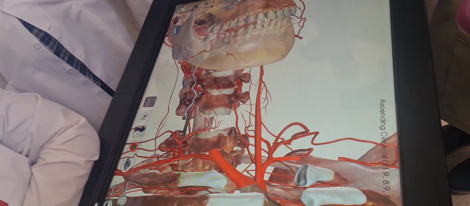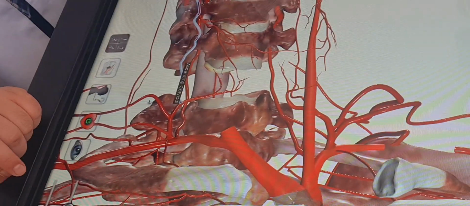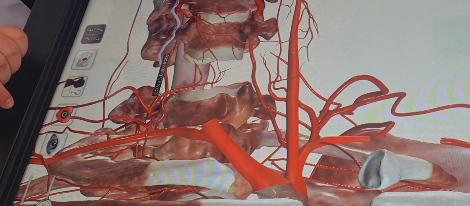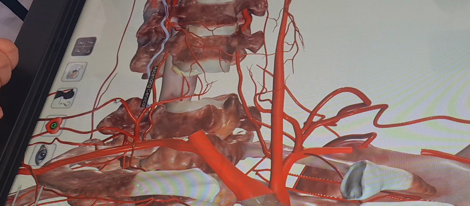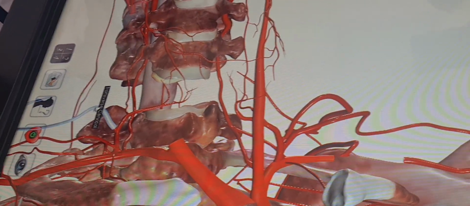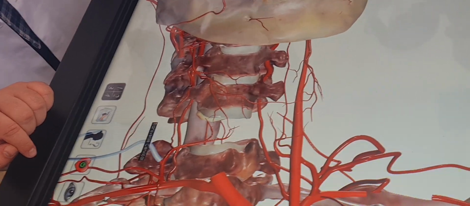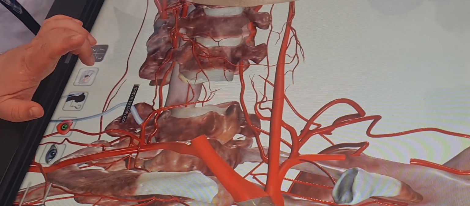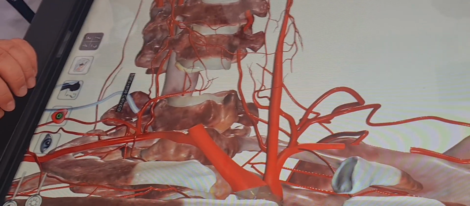Arteria transversa colli, the same starts from thyrocervical trunk, but in most cases, transverse artery of the neck, arteria transversa colli, starts not from thyrocervical, but directly from subclavian artery. But here it is from thyrocervical trunk. That is a variant of human anatomy.